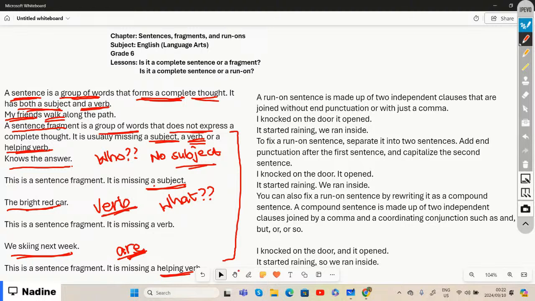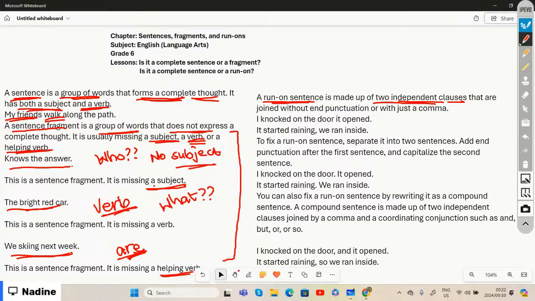Now we have a run-on sentence. A run-on sentence is made up of two independent clauses. Remember, an independent clause is almost like a sentence that can stand on its own, because it has a verb and a subject.